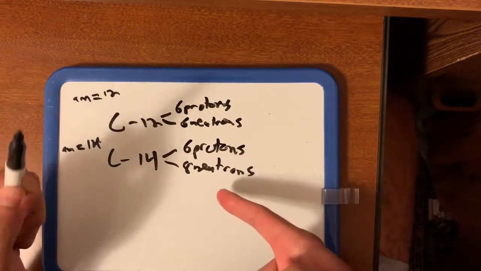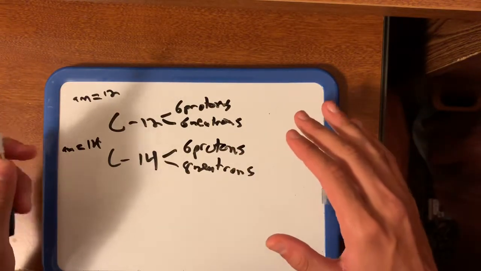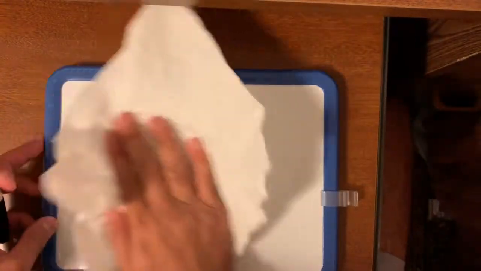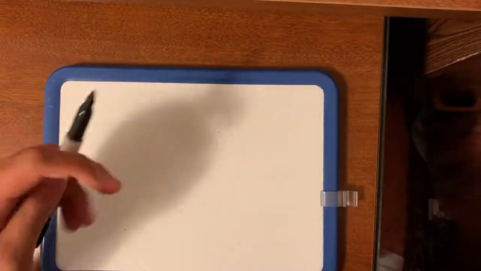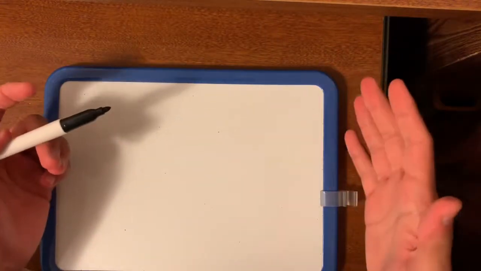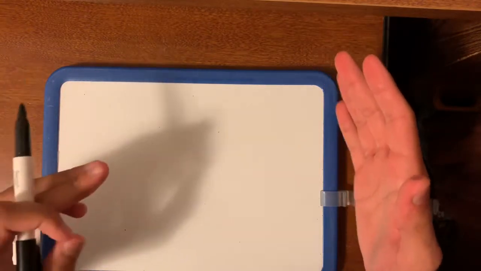But we see how these two are isotopes of carbon, okay? One has 8 neutrons, one has 6 neutrons, but they both have the same number of protons, making them both carbon. And that's where we go into the atomic weight. So there are isotopes of elements out there in the world. However, one isotope may be a lot more abundant than the other.